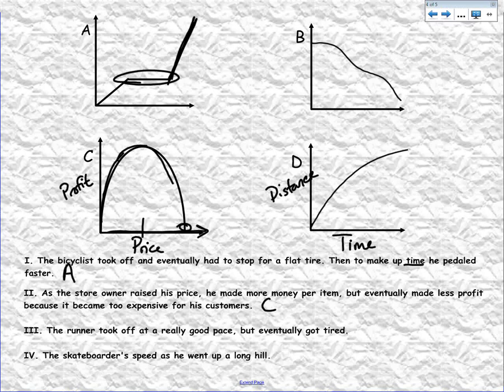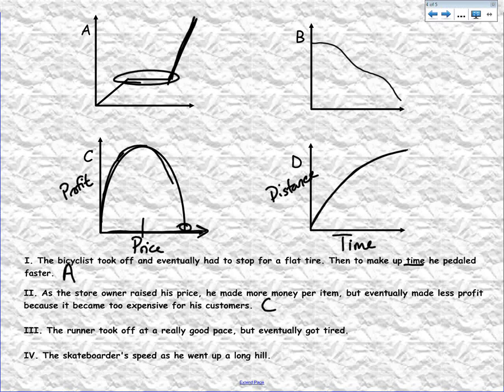And he's got a really strong pace right here, but eventually he's tired. Starts to wear out. He's covering less distance. It's taking him longer to do it, so his speed slows down.